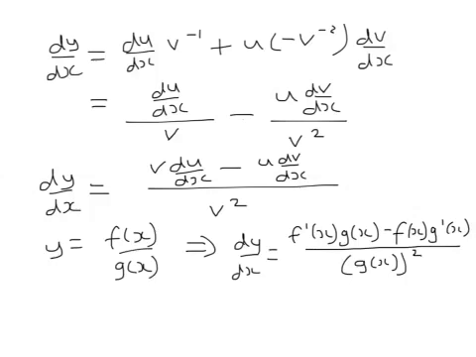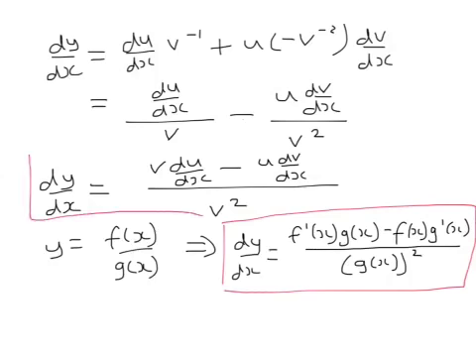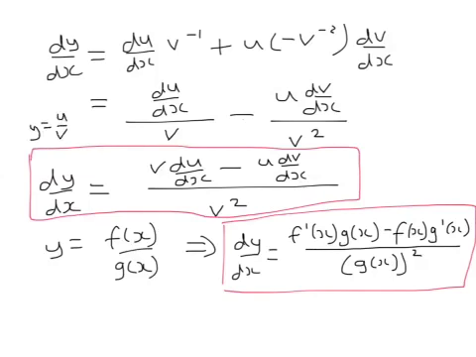So this is a rule for differentiating a quotient. Sometimes it's written with f and g, sometimes it's written with u and v. The bit that goes with this, that isn't on this slide, is y equals u over v. So that goes there. There we go. So either we can have this rule, or this rule is the same one.